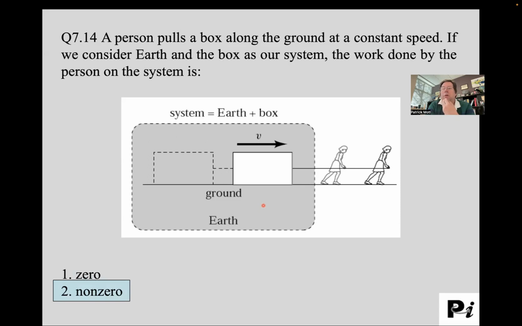The displacements are not equal in size, opposite in direction, or even in the same direction. There's no particular relationship a priori between displacements. So you have to be careful when we're thinking through the work energy theorem and systems, and not make sweeping statements that are just not valid.